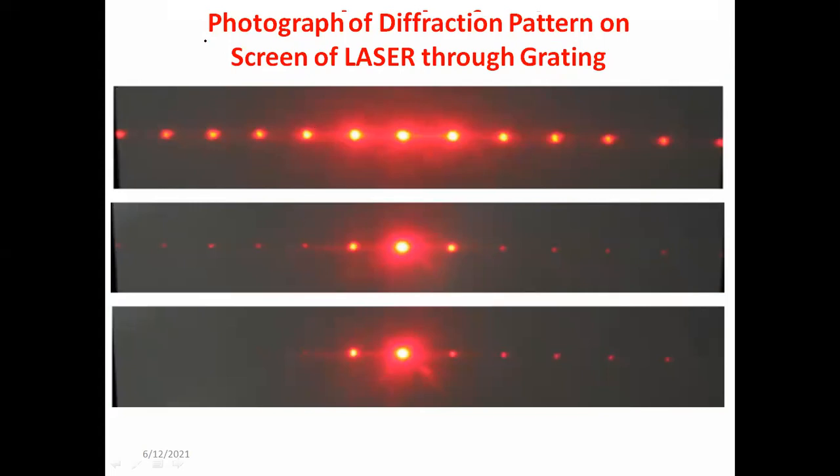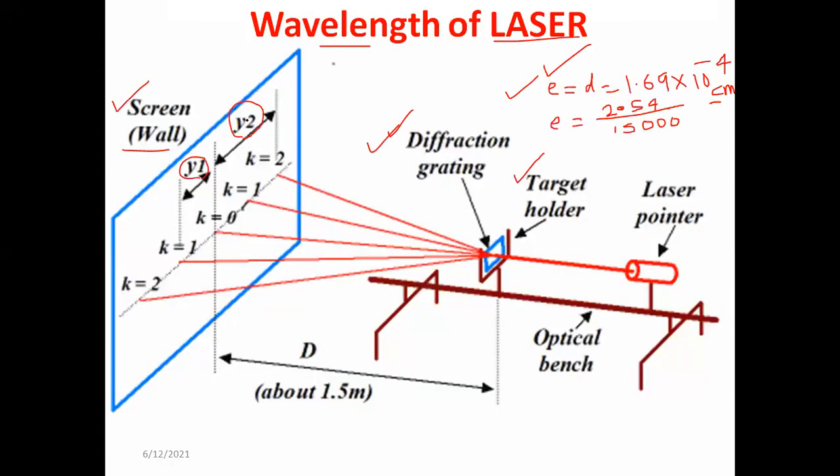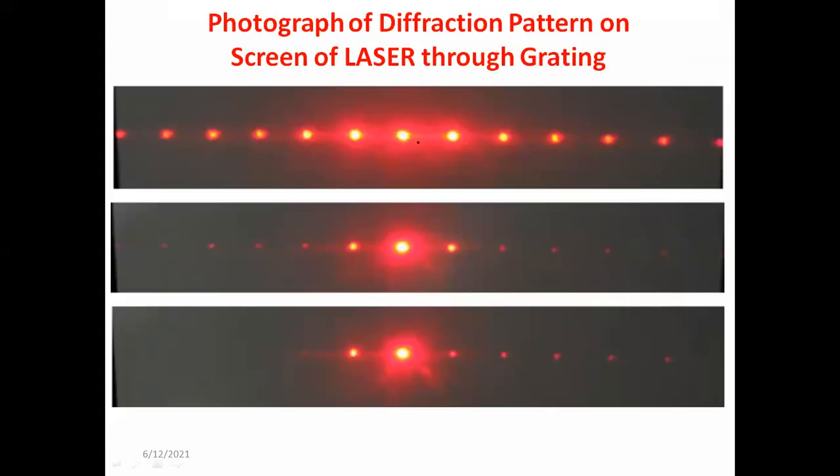If you observe the same experiment in the laboratory, you can see the pattern on the screen. This experiment is to be carried out in a dark room. In the dark room, at the center, this is the central maximum, so n is equal to 0.